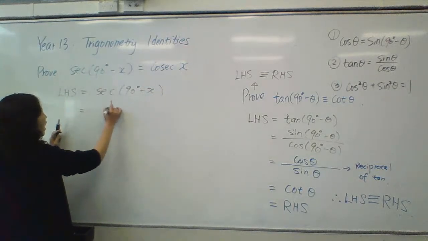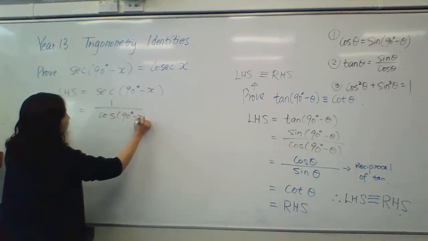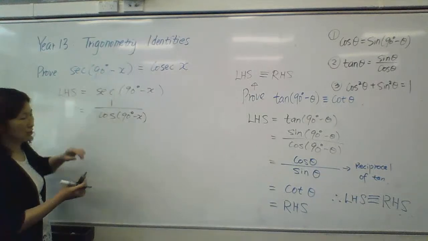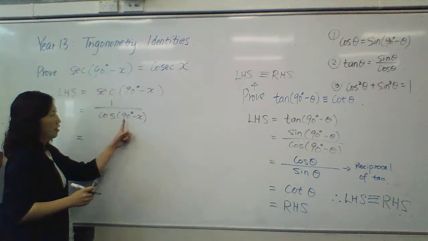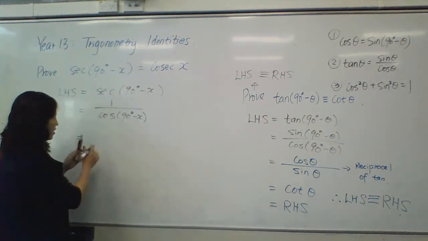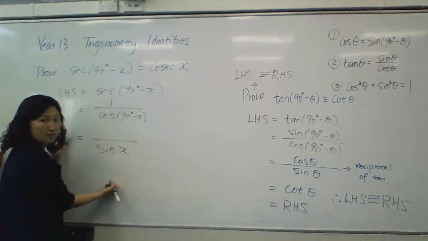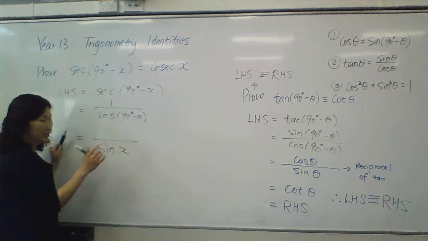So there'll be 1 over cosine of 90 degrees take away x. Okay, so we use a reciprocal trig ratio here. And we know that cosine of 90 degrees take away x is actually the same as sine x. Remember, these two angles add up to 90 degrees.